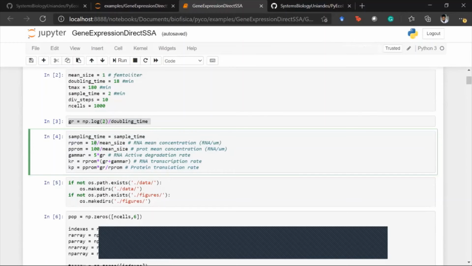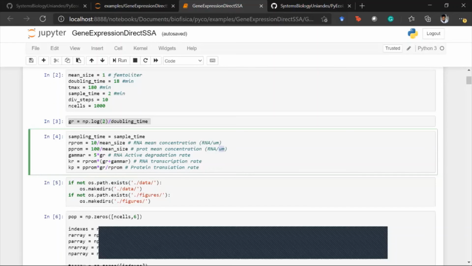We define the parameters such that the cell has 10 RNA molecules as a mean concentration per femtoliter, or per micrometer, if you prefer to use the length instead of the volume. Protein concentration with an average of 100 proteins over a given unit of volume.